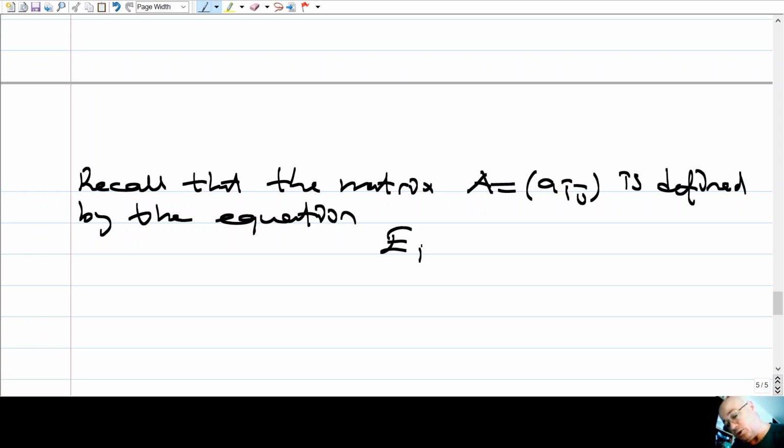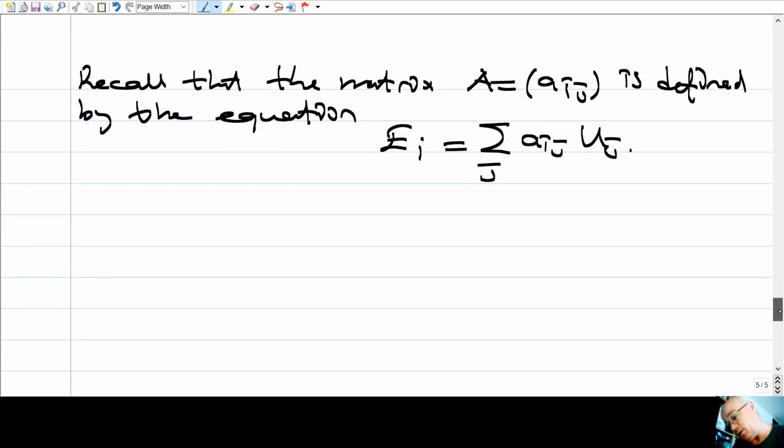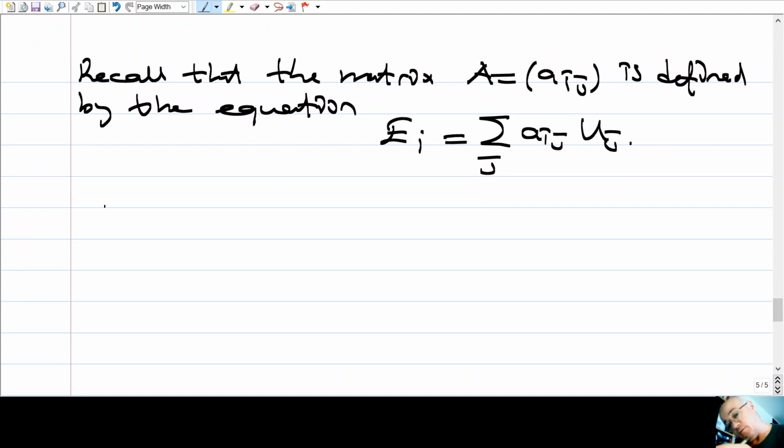What was the equation? Ei is just summation over j of aij uj, right? So if I combine this with the above, we get this.